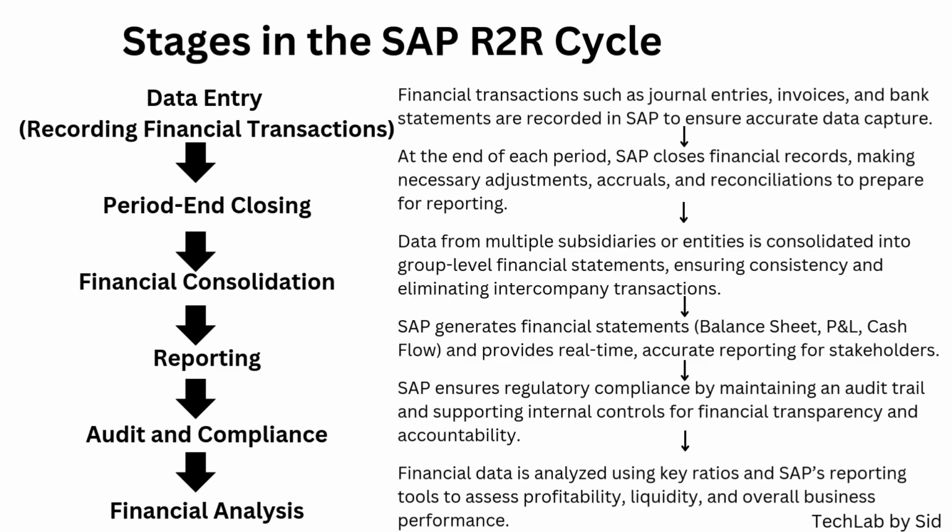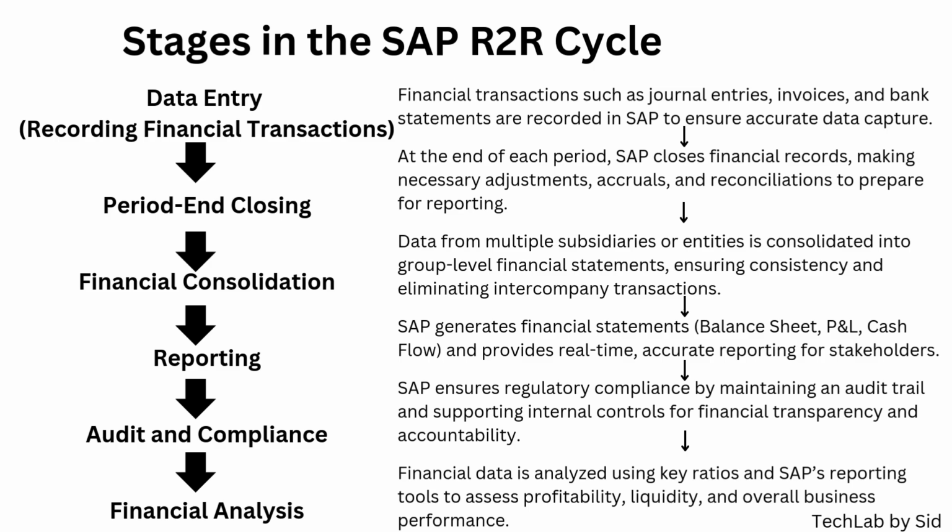The R2R cycle in SAP encompasses several key steps to ensure accurate financial management and reporting, as shown in the flow diagram. First, data entry involves recording financial transactions, such as journal entries, invoices, and bank statements into SAP to ensure precise data capture.